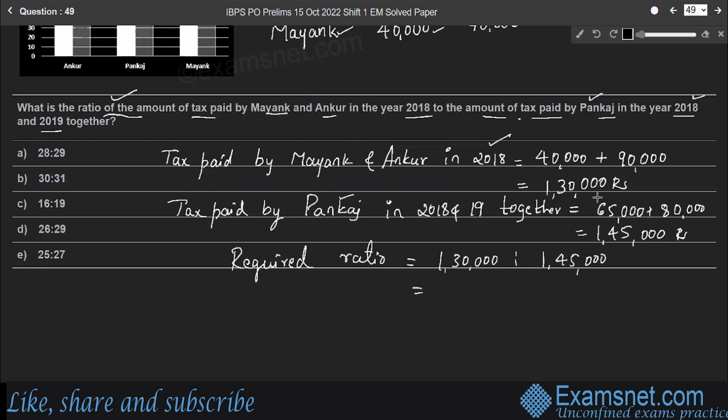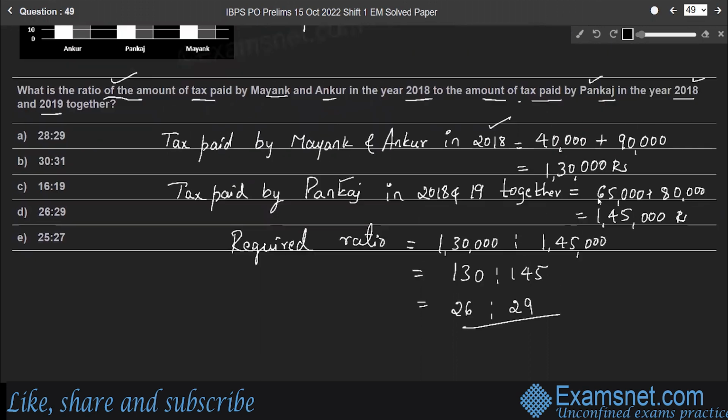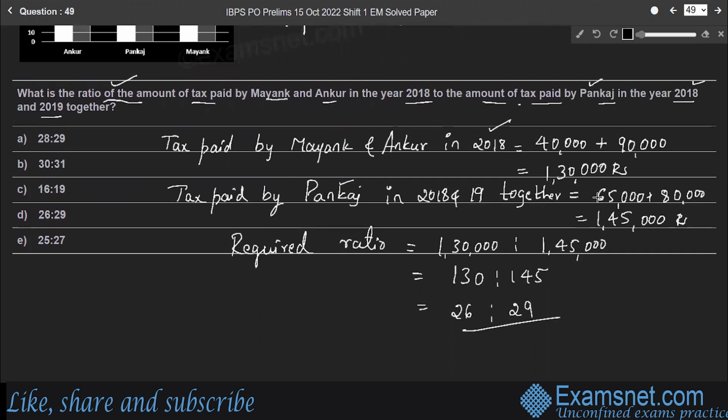So which is equal to 130 is to 145. So divisible by 5. 5 into 2, 5 into 6 is to 5 into 2, 5 into 9. So 26 is to 29 is the ratio. Therefore, 26 is to 29. Option D is the right answer.